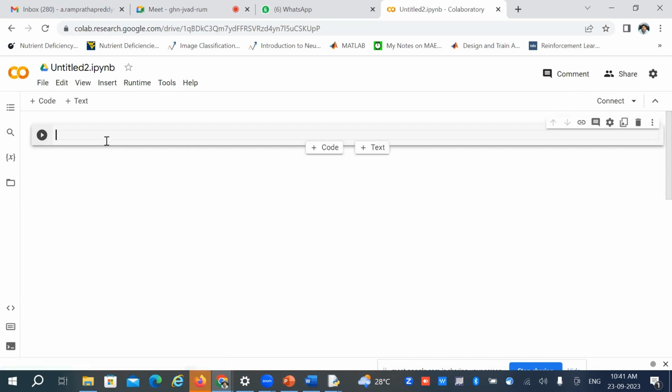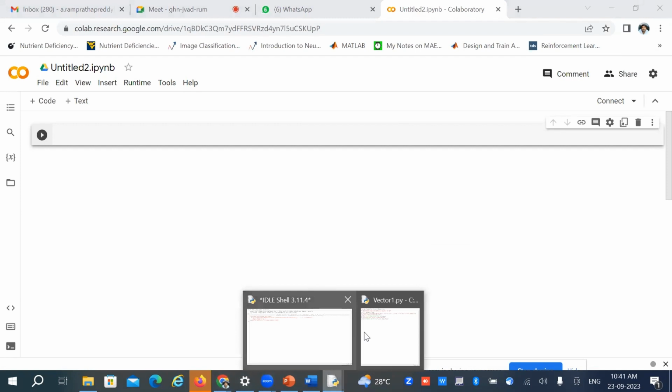New notebook, Colab notebook. To use this Colab notebook, you need to have an internet connection. When you have an internet connection, you can do this. Otherwise, it is not possible.